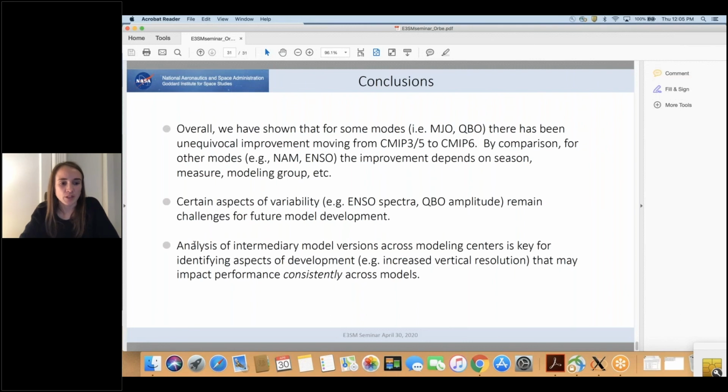Finally, we found it quite illustrative to look at intermediary model versions. As compared to other intercomparisons which utilize publicly available CMIP data, we found that these versions were key in helping us identify exactly which developments did contribute to these improvements.